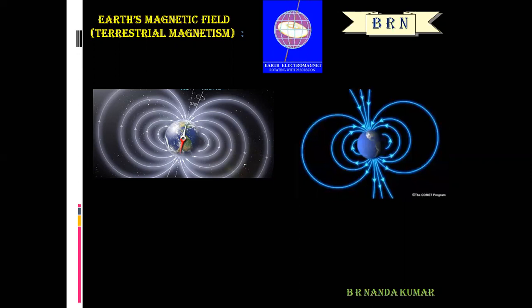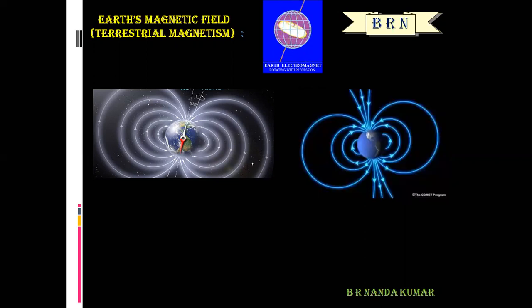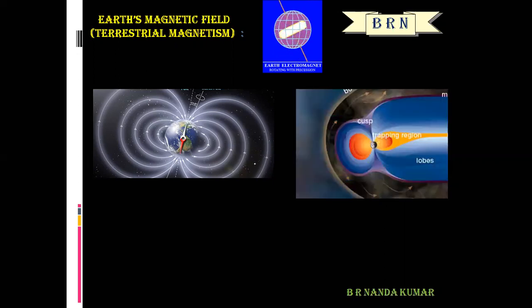So what are the uses of this Earth's magnetic field? That is very important. Earth's magnetic field plays a very important role in the formation of Van Allen belts. Actually, this is called Van Allen belts.